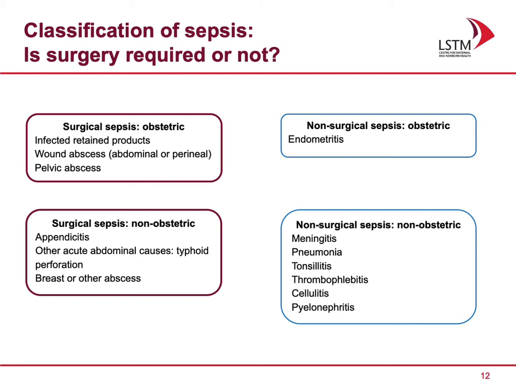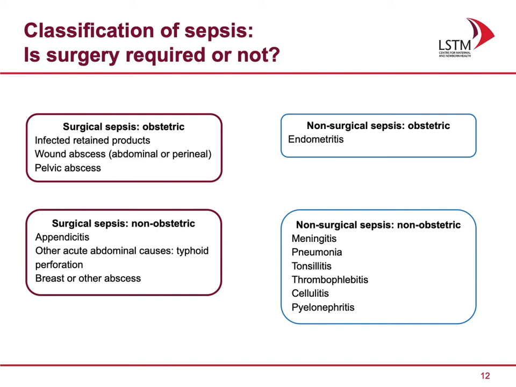Other types of non-surgical sepsis that are not directly obstetric are, for example, meningitis, pneumonia, tonsillitis, thrombophlebitis, cellulitis, or pyelonephritis. So all those causes need antibiotics, but we are not able to operate in cases of, for example, pneumonia. There is no surgery to be done.